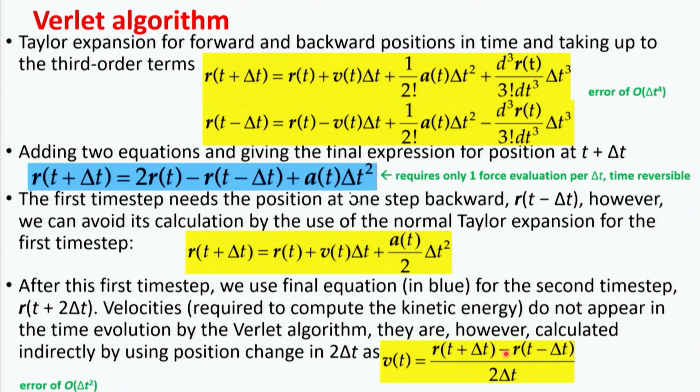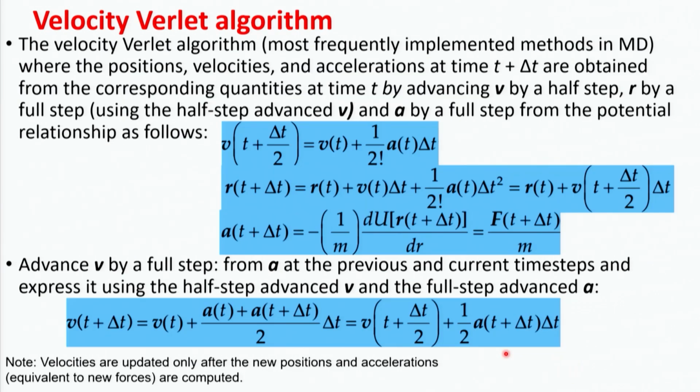So in order to avoid this, another modification is called the velocity Verlet algorithm. Okay. So the velocity Verlet algorithm, which is the most frequently implemented method in molecular dynamics, where the position, velocities and acceleration at time t plus delta t are obtained from the corresponding quantities at time t by advancing by half step. So essentially we are getting the velocity at half step advance, t plus delta t by 2.